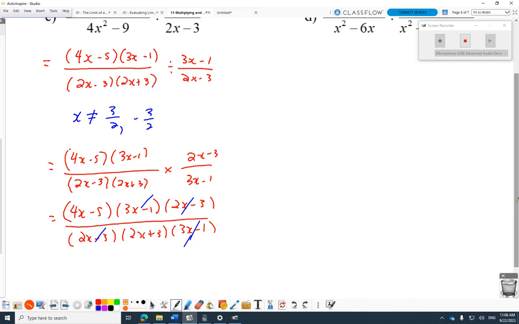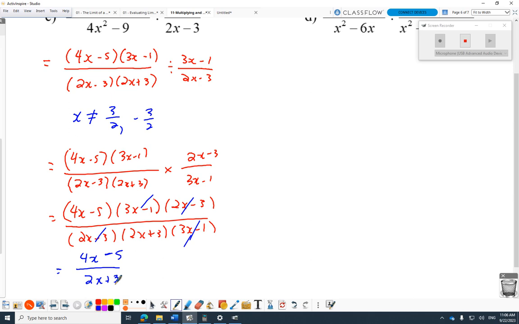And I'm left with 4x minus 5 over 2x plus 3. For us, that's a way simpler expression than that mess I started with. But moving forward into calculus, then we'll be able to do something. So the story isn't over yet. We're like halfway through a season at this point.